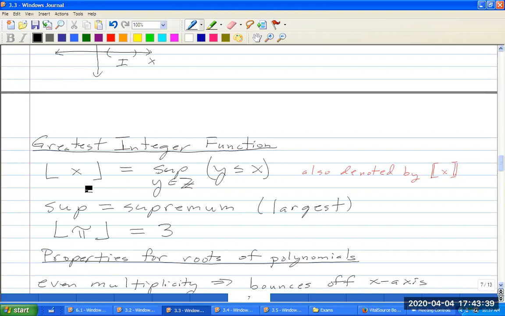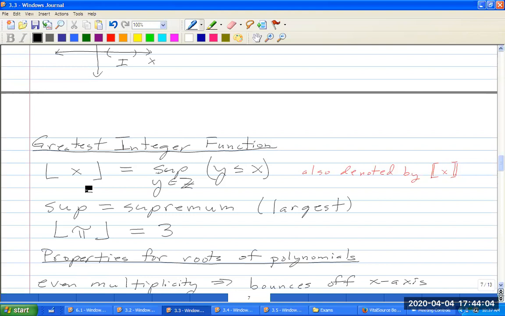So if I look at something like pi, which is 3.14, to find the greatest integer function for 3.14, what's the greatest integer that's smaller than or equal to 3.14? Well, the biggest integer less than or equal to 3.14 is 3.